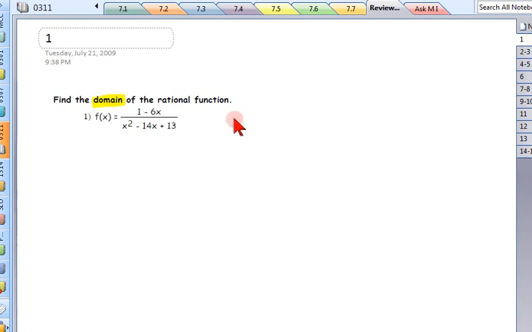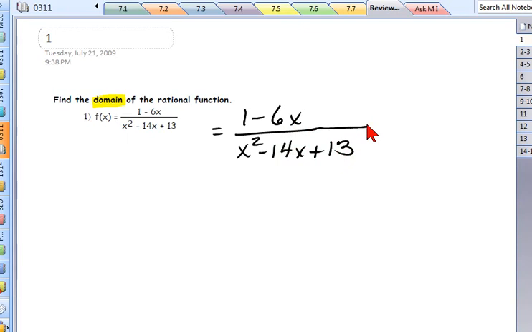This rational function is 1 minus 6x over x squared minus 14x plus 13. The domain is what numbers could be put in the place of x. And what do we have to be careful about when we're looking at a rational function?